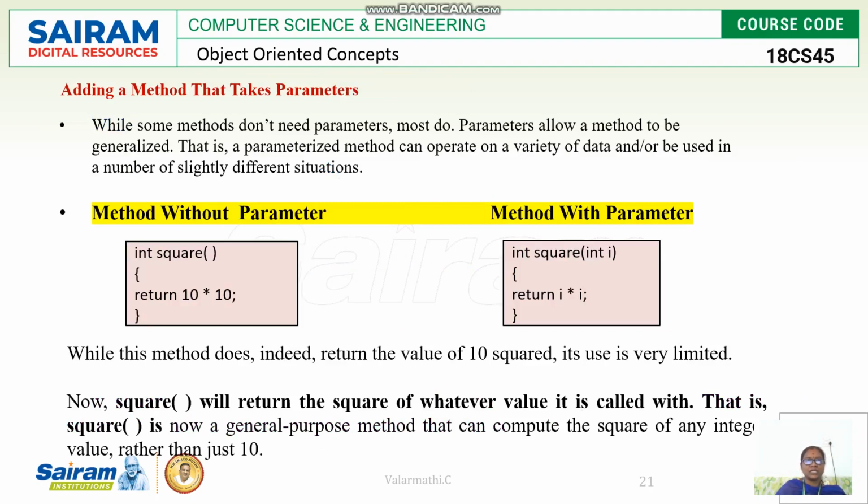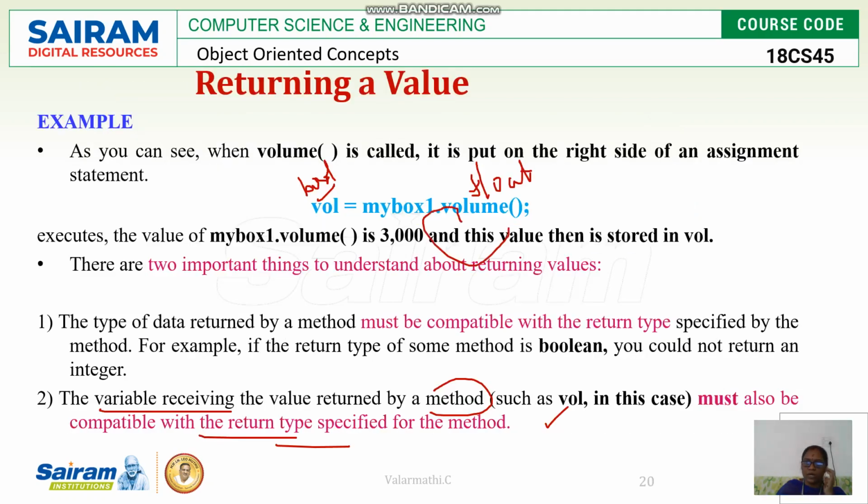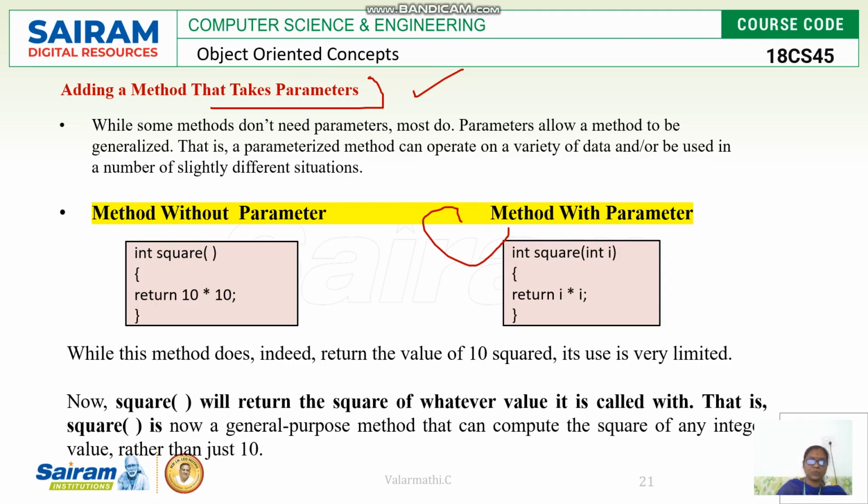Fine. Next, adding a method that takes parameters. So as of now, in the previous example, volume is not taking any parameters. What happens if we pass one argument? I have taken one more example here, how we can calculate a square.